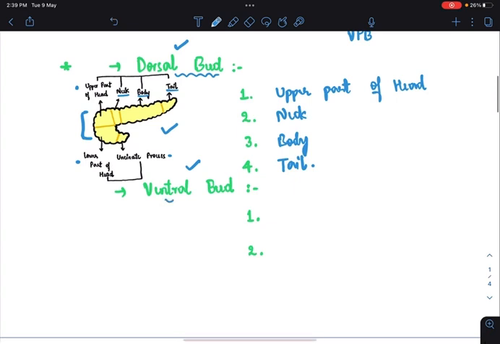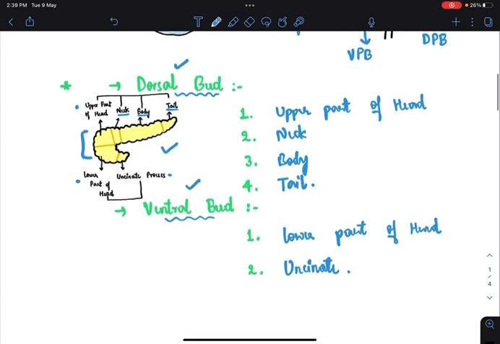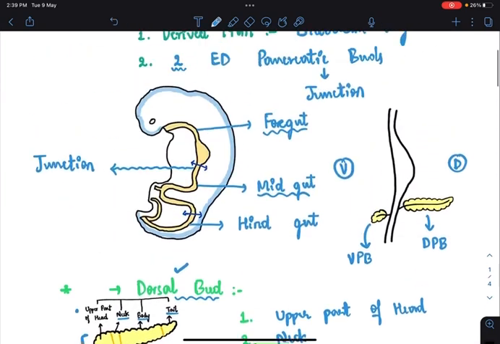And the ventral pancreatic bud gives rise to what is remaining in the head? Lower part, right? Lower part of the head, and the last thing is the uncinate process. So these are the parts formed by the dorsal and ventral pancreatic buds. So this is the basic.